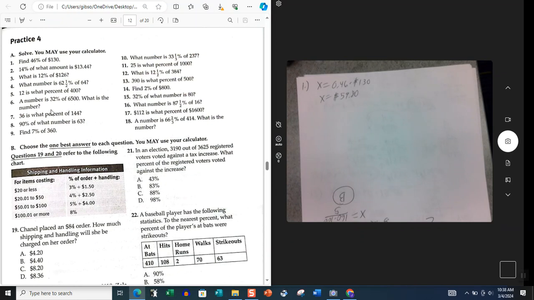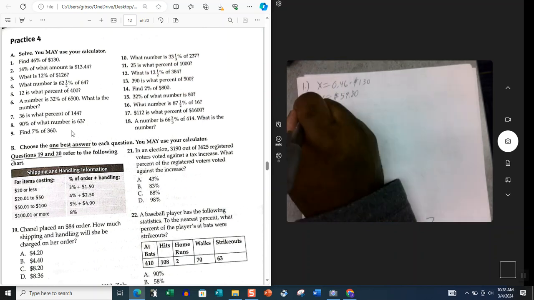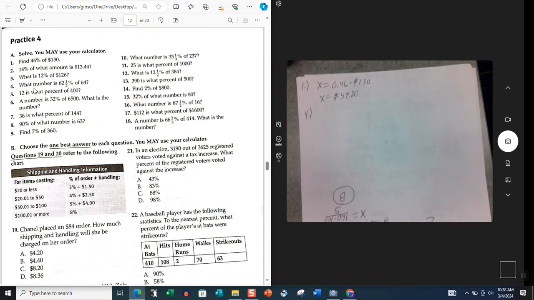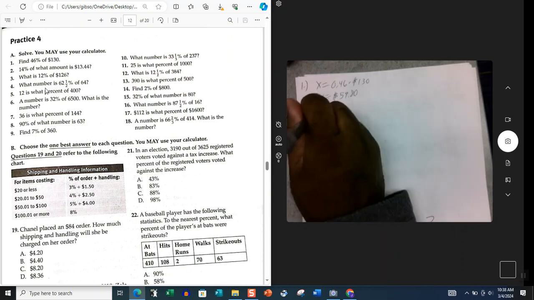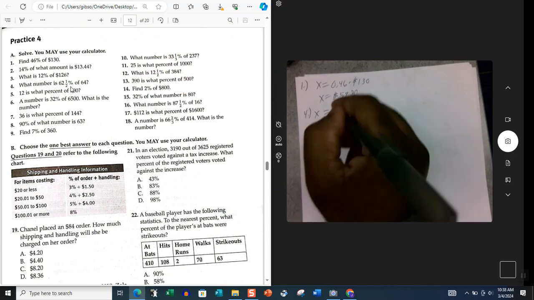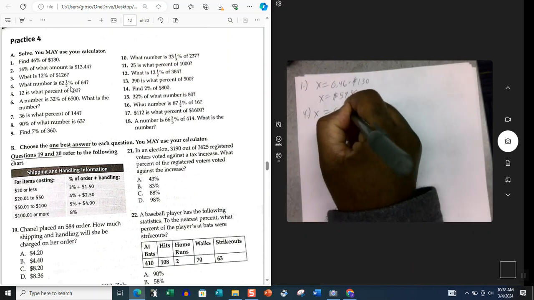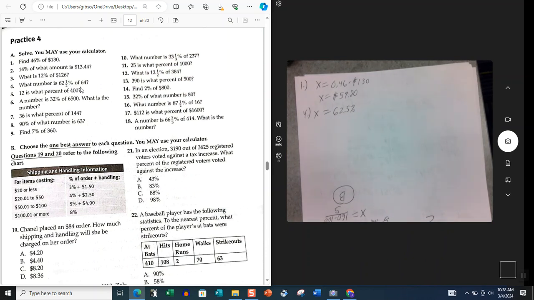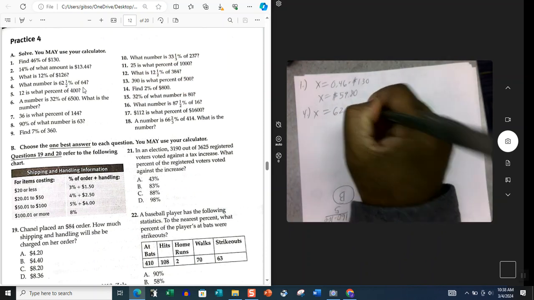All right, let us go to number 4. Number 4 says what number, we know it's x, is equal. Now we have 62.5%. We know that's the same as saying 62.5% of, multiplied by 64.